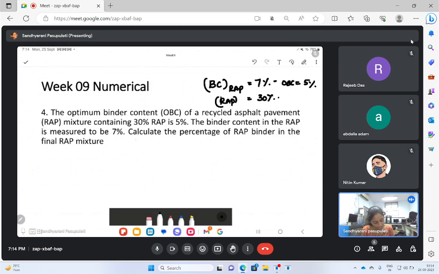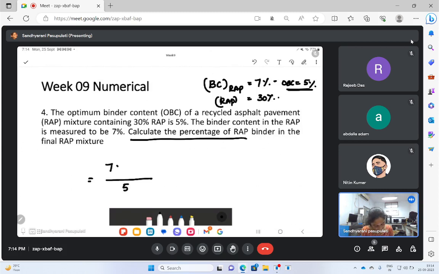So now the question is, calculate the percentage of RAP binder in the final RAP mixture. So the final RAP mixture has 5%, okay, the OBC is 5%. So in this 5%, how much is that 7% of RAP binder?